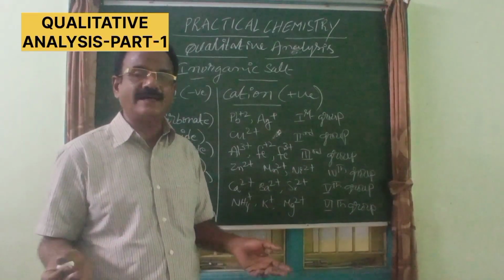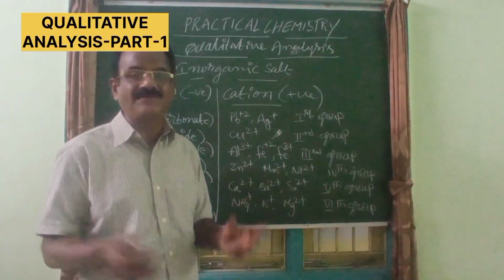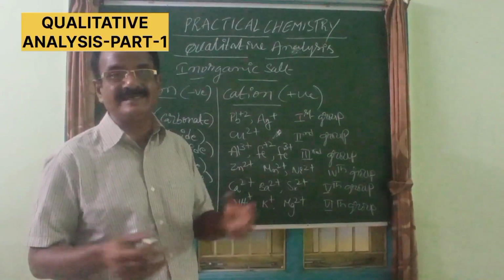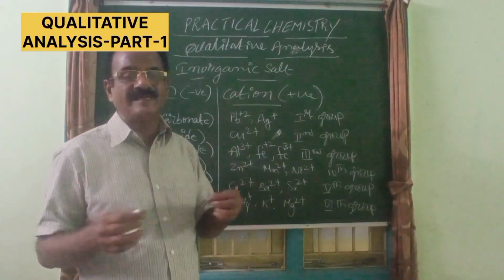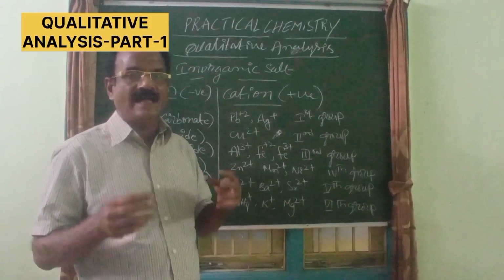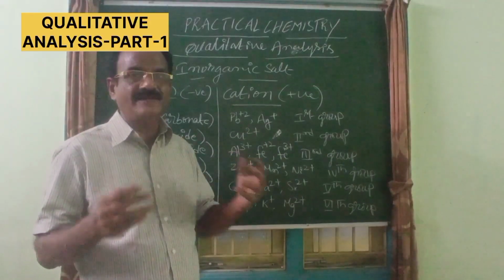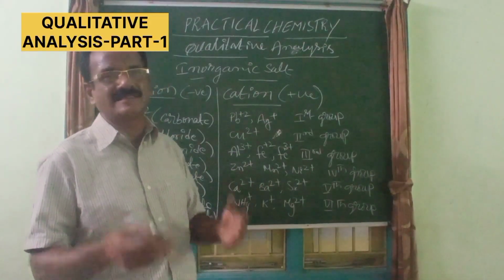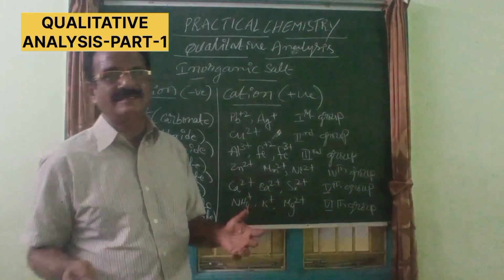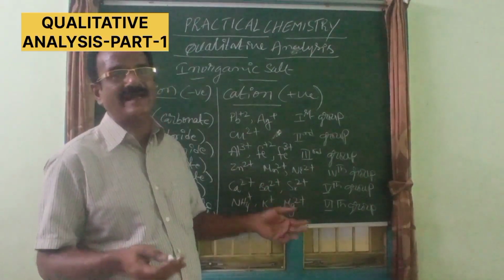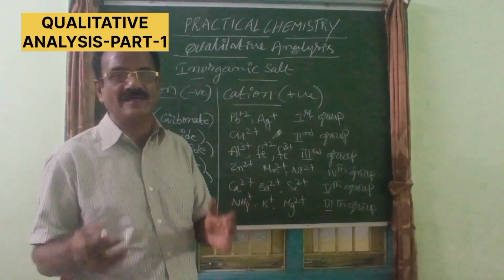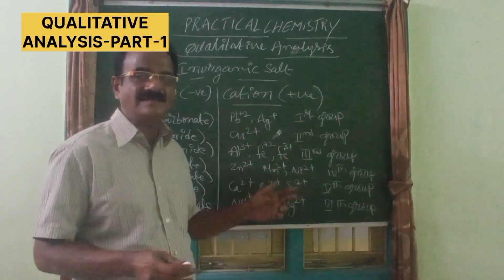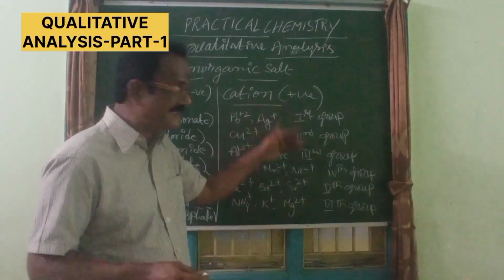Although they are in different groups in the periodic table, that is not to be considered here, because as per the convenience of the student and the person analyzing the salt, the cations are divided into these groups based on the reagents used to identify as well as to confirm them.